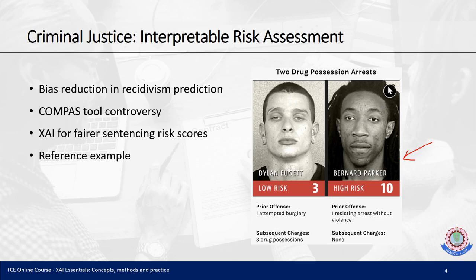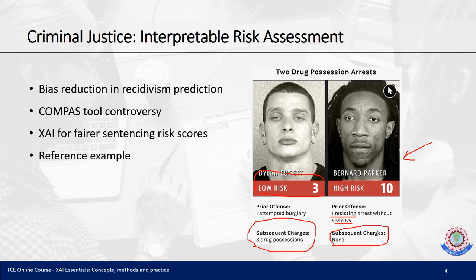This tool was criticized for producing biased risk scores against certain racial groups. Here you can see that one person is rated high risk, but another is shown as low risk. The high-risk person was not charged with anything in his history, and was only arrested once for resisting without violence.